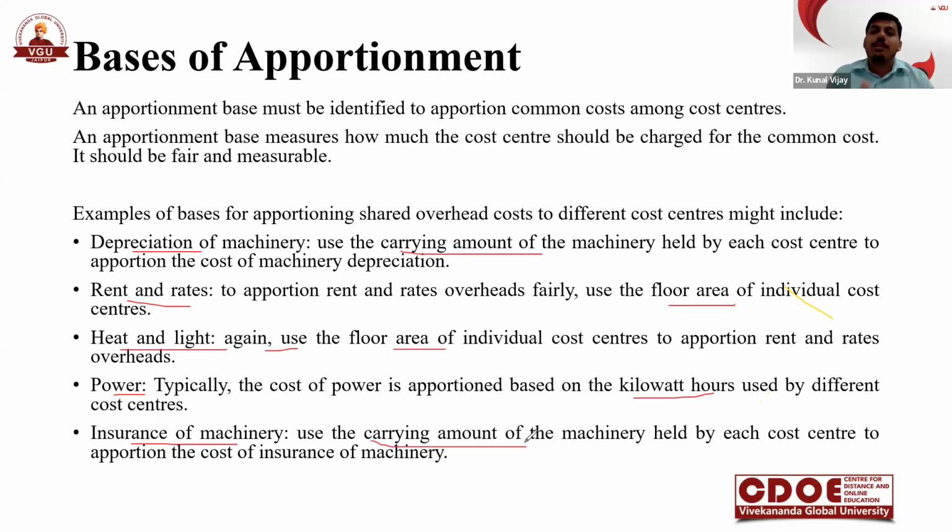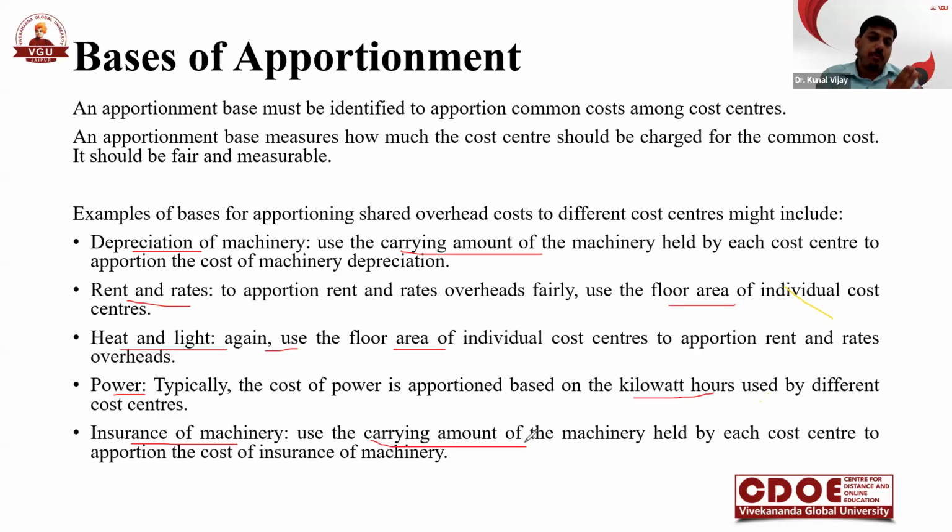Okay. So suppose there is different machinery held by each department, then the amount of machinery will be considered as the carrying amount. Okay. They are talking about suppose combined depreciation is there and you will have to allocate the combined depreciation between different cost centers. Then you will have to take the machine used by each department.